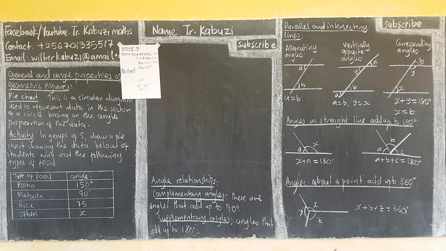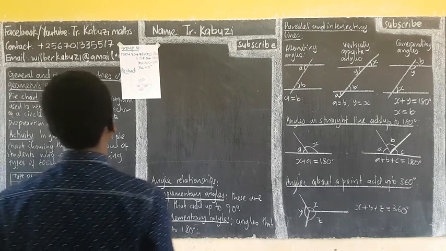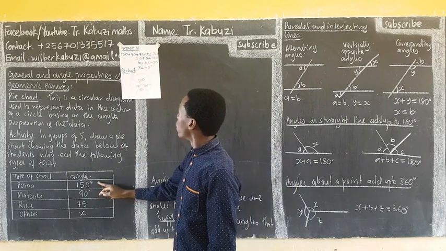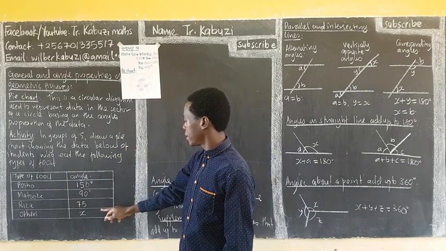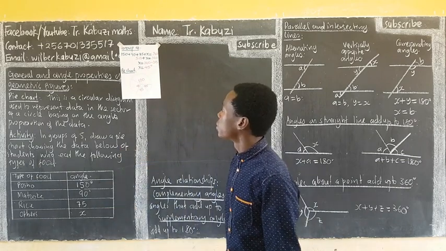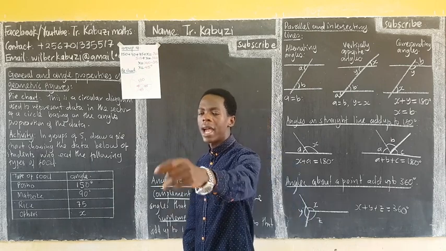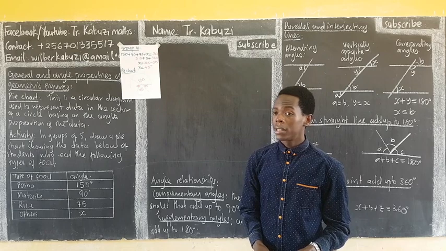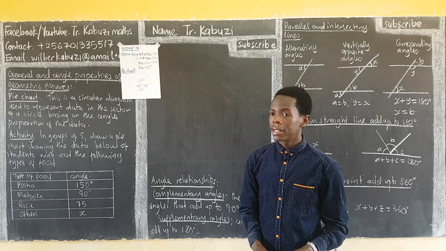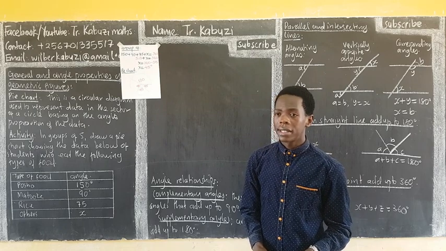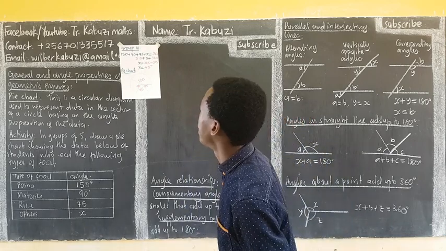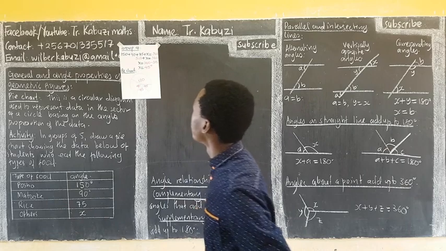So they started by calculating the value of x. They say when you add this plus this plus this plus x, you should get 360. Why do you think we are adding up to 360? Because a pie chart is a circular figure and its angles add up to 360 degrees.